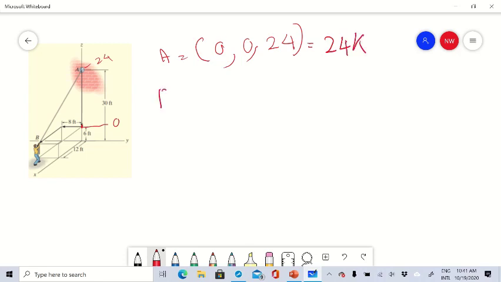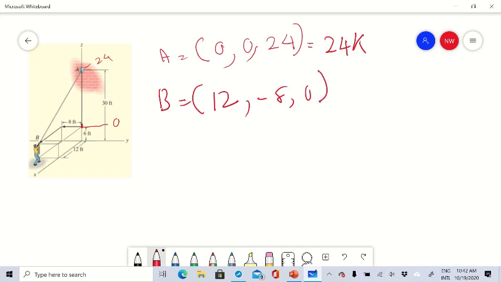So what are the coordinates of B? B is, you can see, 12 in the positive x direction and minus 8 in the negative y direction, and the z coordinate is 0, right?